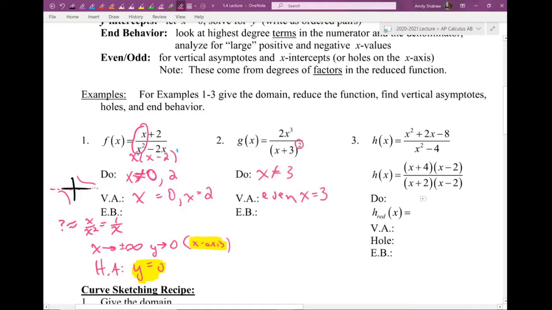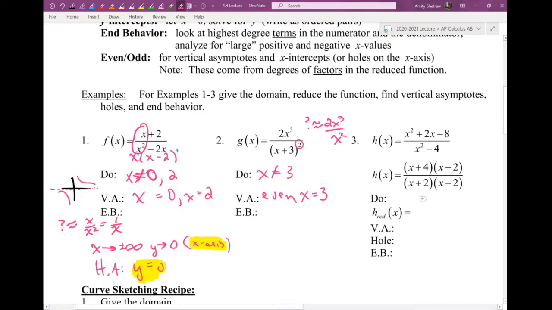And then we want to say, well, let's take a look at the first value, right? The terms that have the largest degree. And so I'm saying I have my shady math right here, which is that this function is really close to 2x cubed over x being, ready, squared.